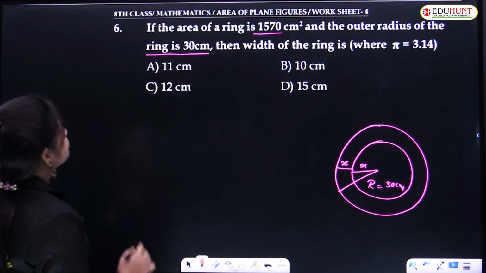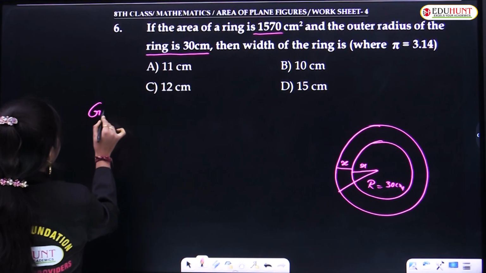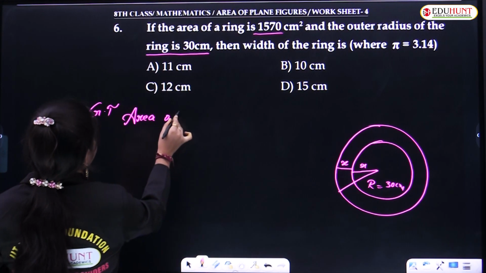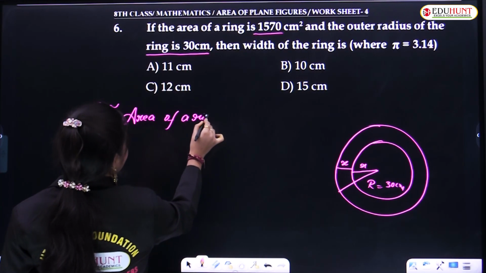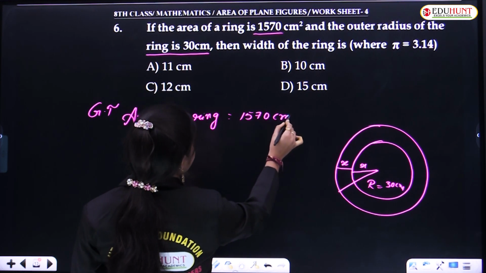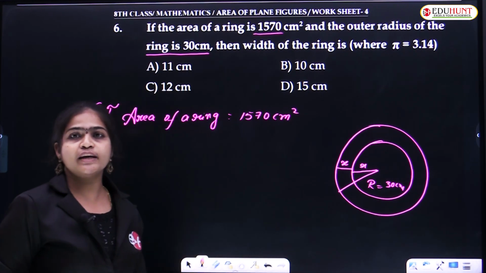Now here see what they gave. Given the area of a ring, 1570 centimeters square. What is the formula to find the area of a ring?